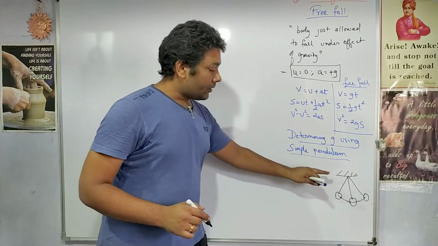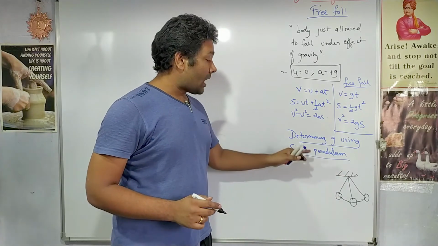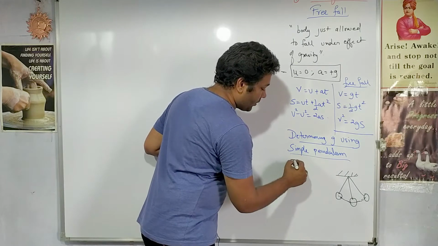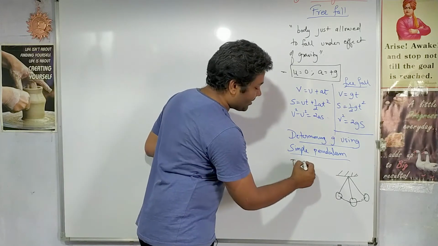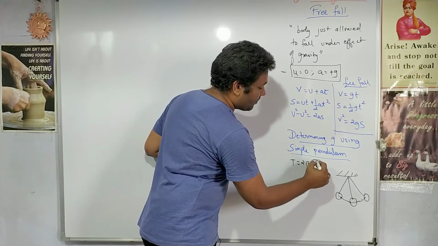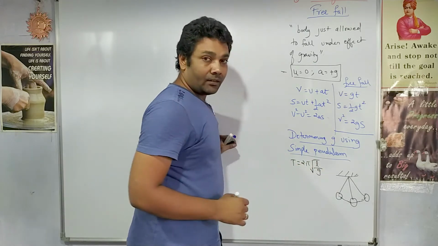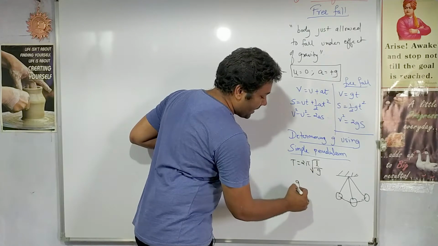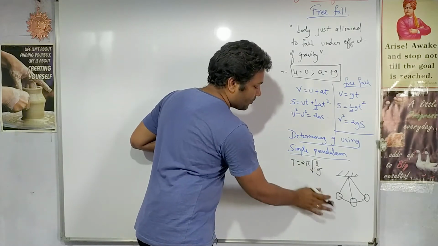So with the help of this pendulum, how will we calculate g? We know that for a simple pendulum, the formula is T = 2 pi root L by g. Now I want to calculate the value of g, so I will make g the subject.